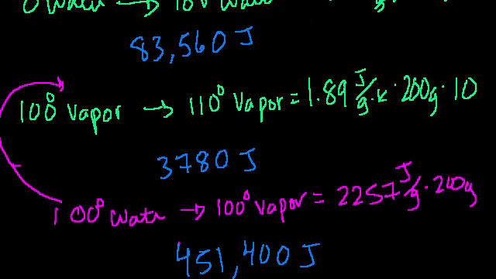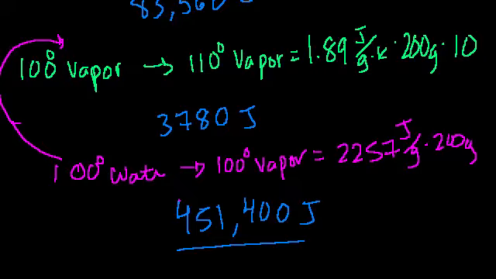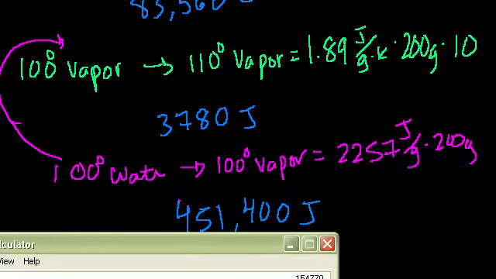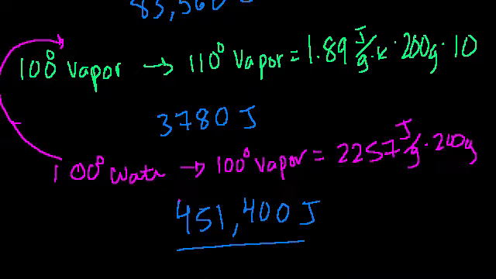And then we need to turn that 100-degree water into 100-degree vapor. So you add the 451,400, which is equal to 606,000. And then finally, we're at 100-degree vapor, and we want to convert that to 110-degree vapor. So it's another 3,780, which is equal to 609,950 joules.